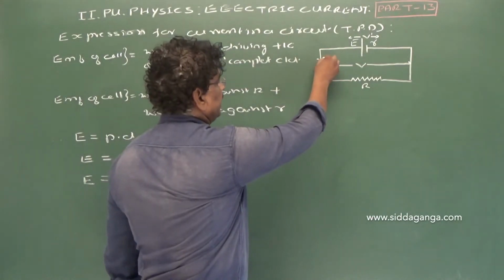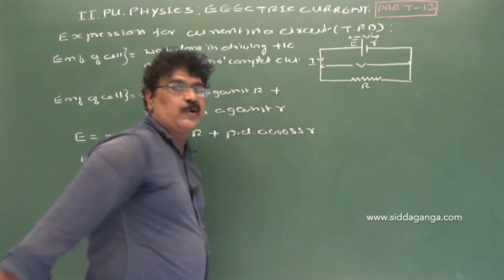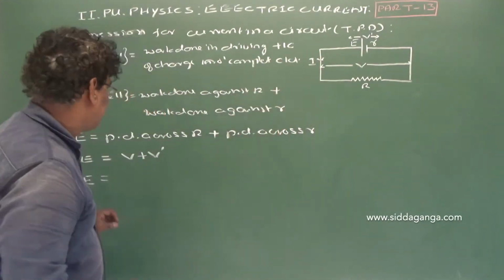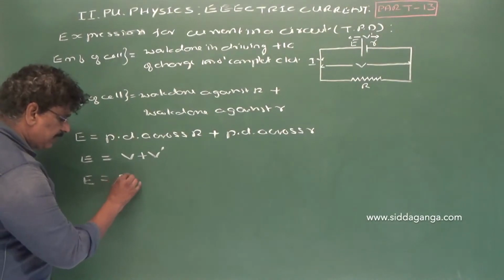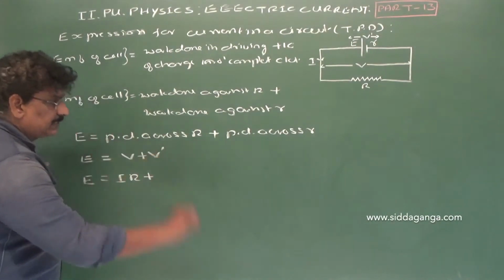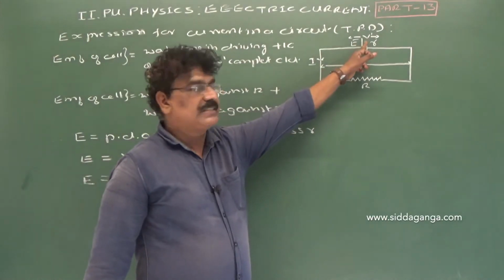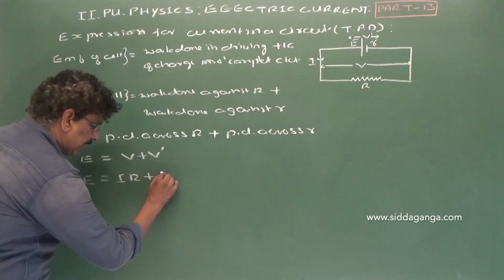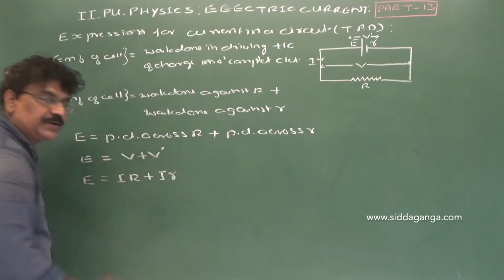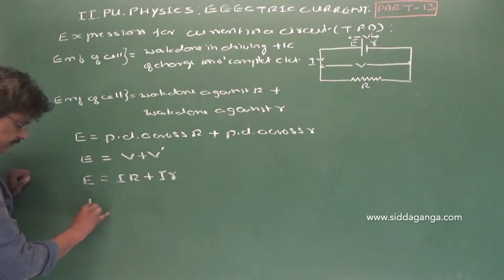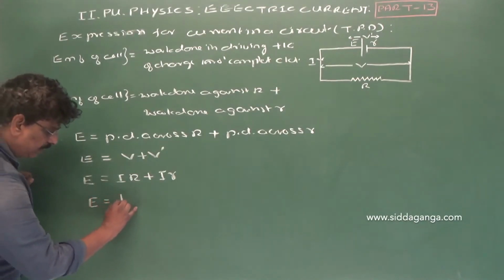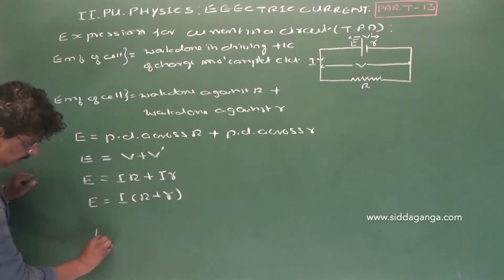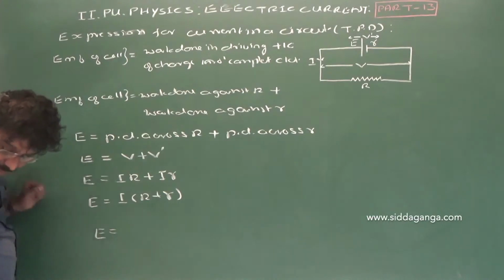Say if I is the current flowing through the circuit, then potential difference across external resistance V is equal to IR, plus potential difference across internal resistance, the same current flowing through it, I into r. Taking I common, E is equal to I into R plus r.